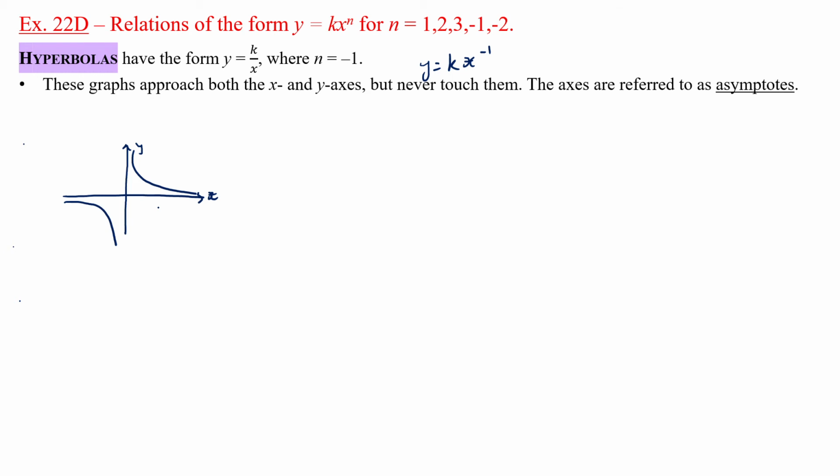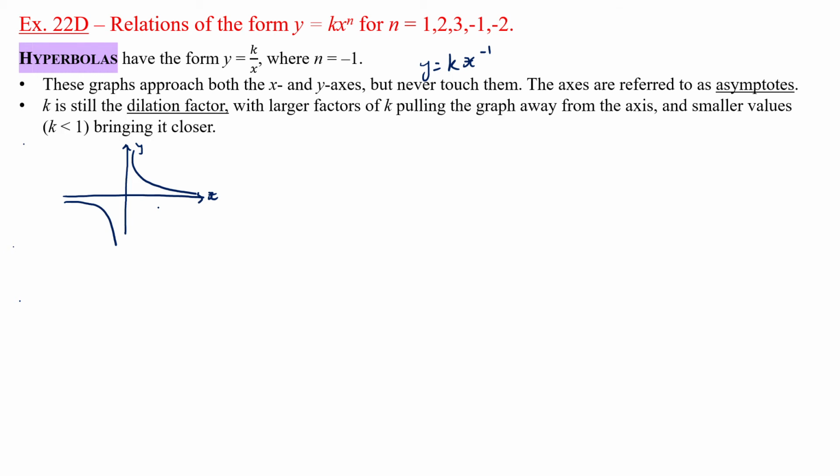K is still the dilation factor, with large values of k pulling the graph away from the axes. If this was my graph of y equals 1 over x, then a larger value of k is going to pull the graph this way, so that might be y equals 2 over x.